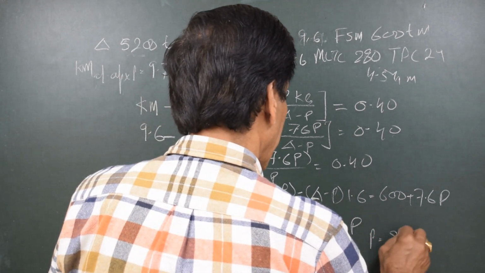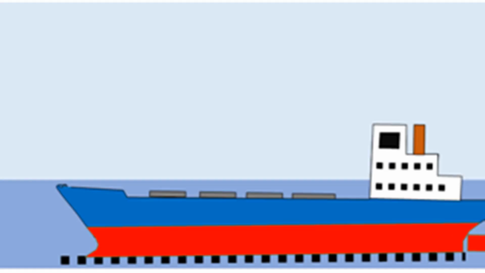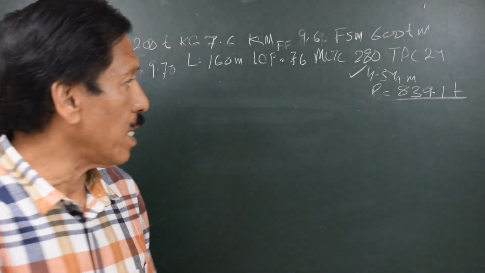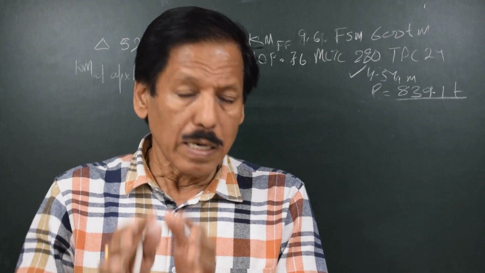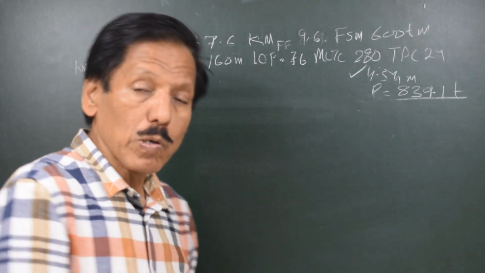P is equal to 839.1. Now this upthrust 839.1 ton, which I have found out, I would call it P approximate. Why will I call this P approximate?